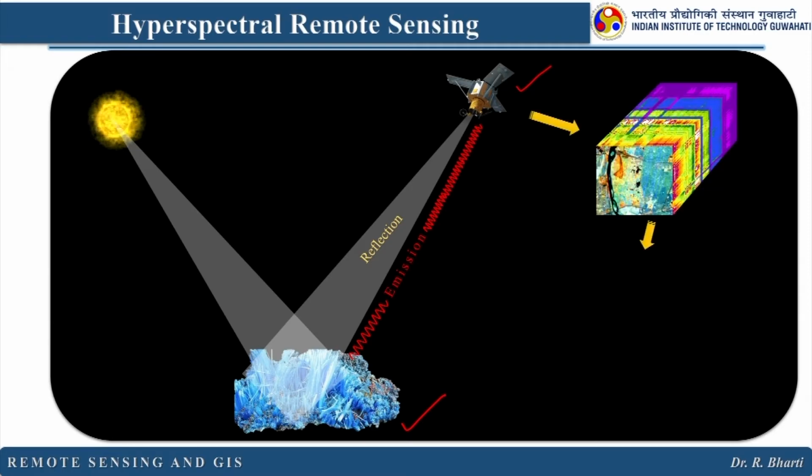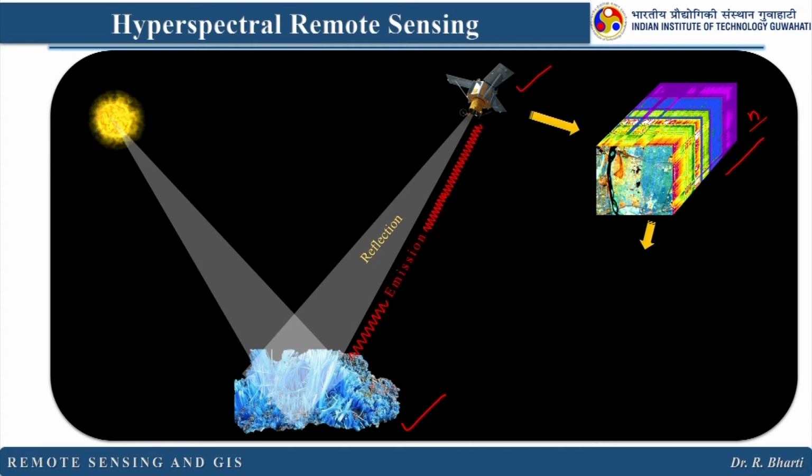So, this is the way we represent our hypercube, meaning the hyperspectral data cube. Why are we saying cube? Because this looks like a cube, and here you have n number of bands depending upon the satellite or sensor specification.